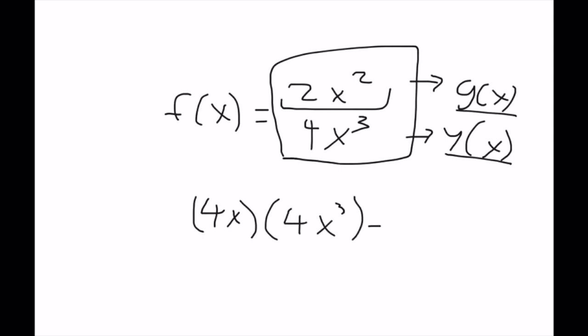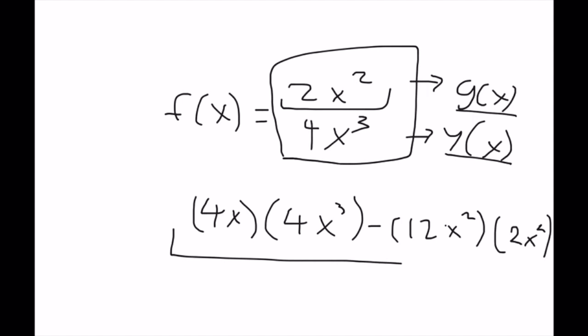Now the formula has a subtraction here. Now the derivative of the denominator, which is y prime of x, that is the derivative of 4x cubed, and using the power rule, that is 12x squared. Times just the g of x, which is just 2x squared.